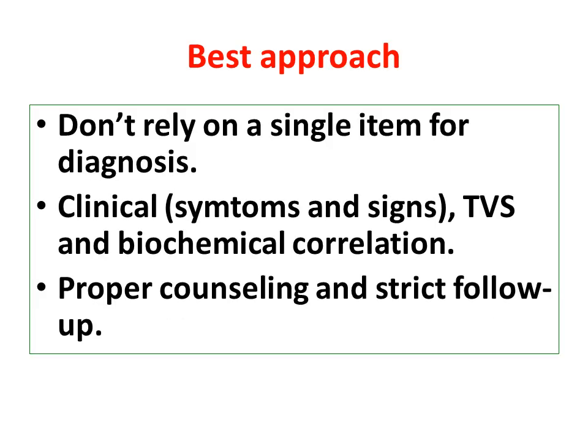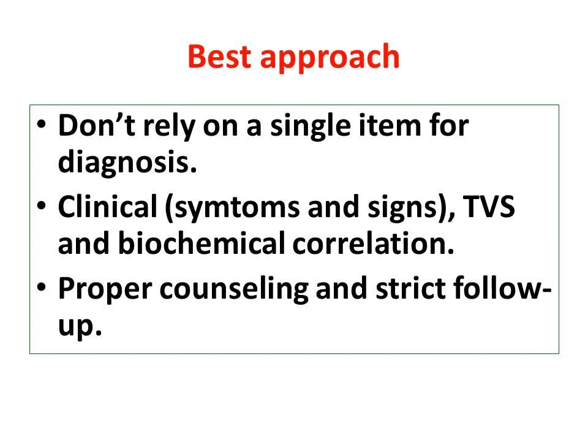Now, I am confused. If I rely on beta HCG alone, this is not always correct in diagnosing or excluding ectopic pregnancy. And if you rely on ultrasonography, this is not diagnostic of either diagnosis alone. So what's the best approach? The best approach is don't rely on a single item for the diagnosis. You should use your knowledge regarding clinical examination of your patient's symptoms and signs, the transvaginal findings, and biochemical correlation.